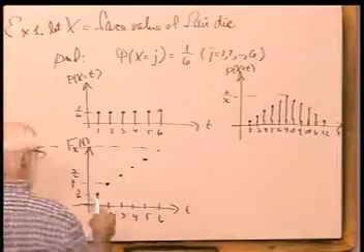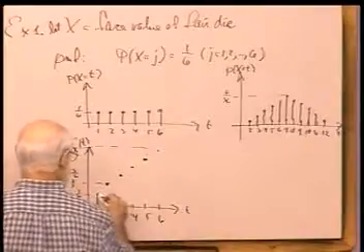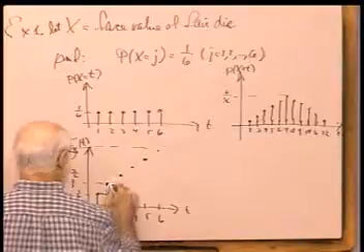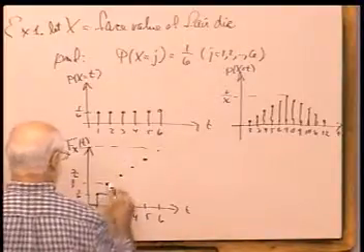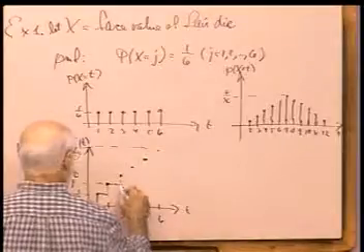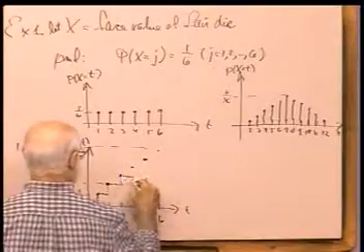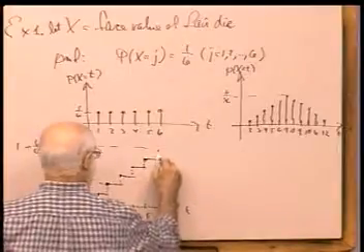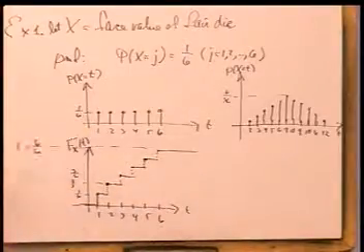So this graph is constant until I reach the value 2. Then there's a discontinuity, and it jumps from 1/6 to 2/6, and then it's constant, and it jumps from 2/6 to 3/6, and so forth. So you get a step function. That's what the graph would look like.